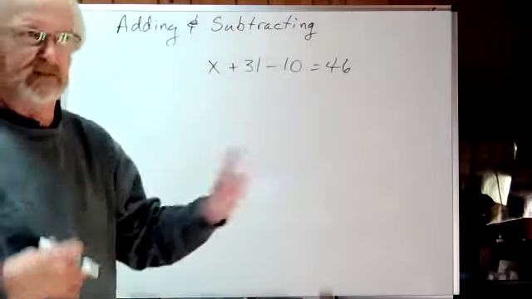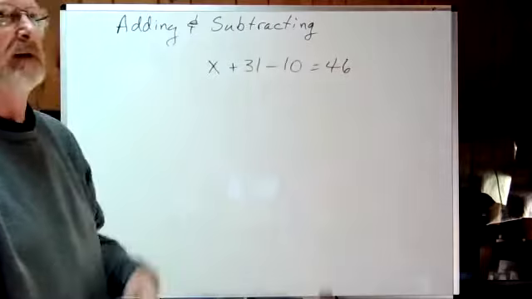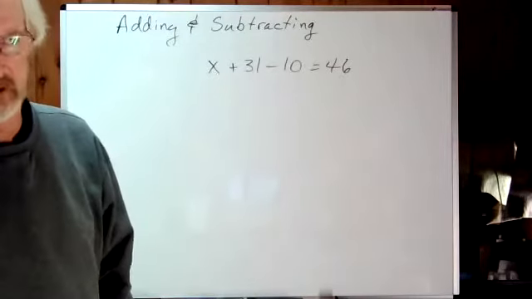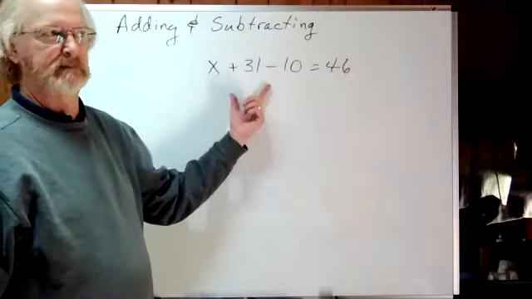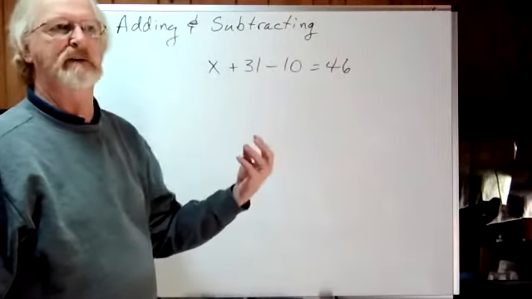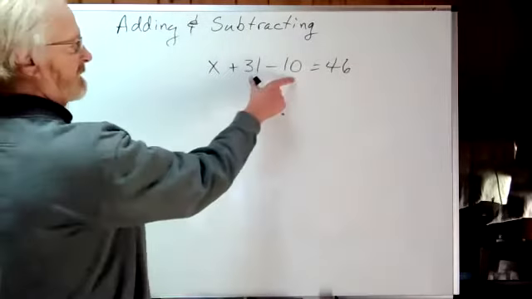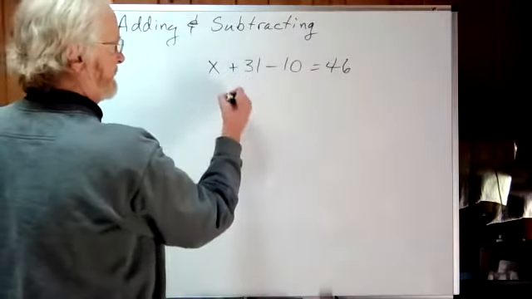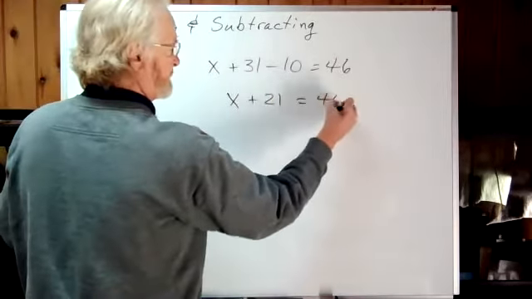For some reason, we are adding a number and subtracting a number, and that's supposed to equal 46. Combining like terms, that's what this is about. Simplify as much as you can, right? Before, to boil it down to that, well, one more step left. So here I'm going to combine 31 minus 10 and get x plus 21 equals 46.